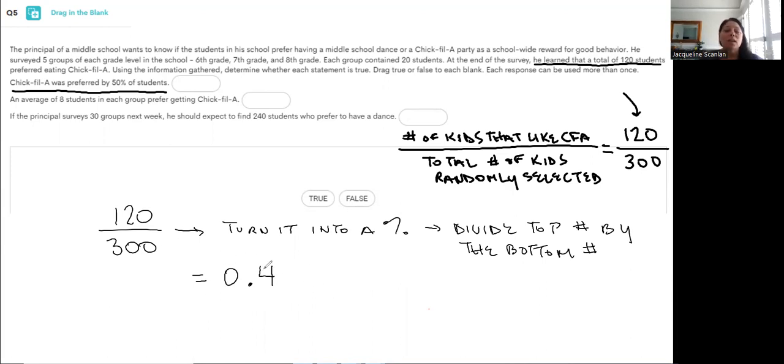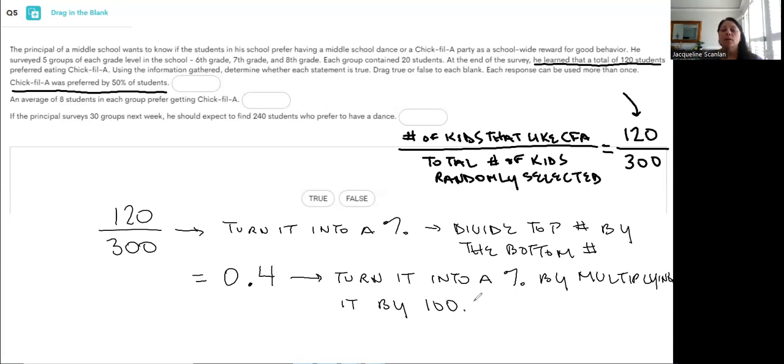I now need to take this decimal and I need to convert it into a percent. So I'm going to turn it into a percent by multiplying it by 100. Percents are always out of 100. That's why we multiply by 100.